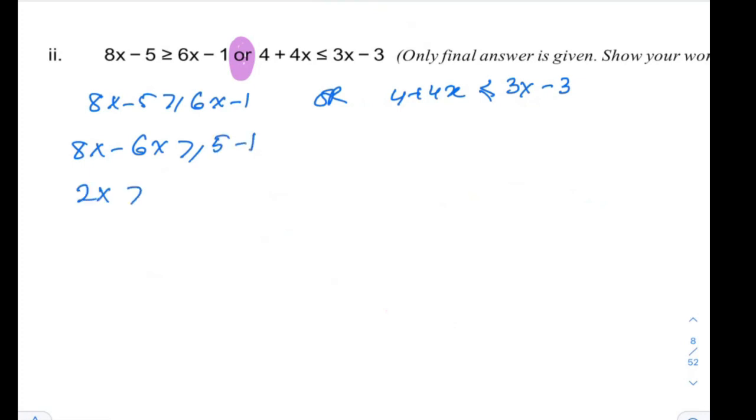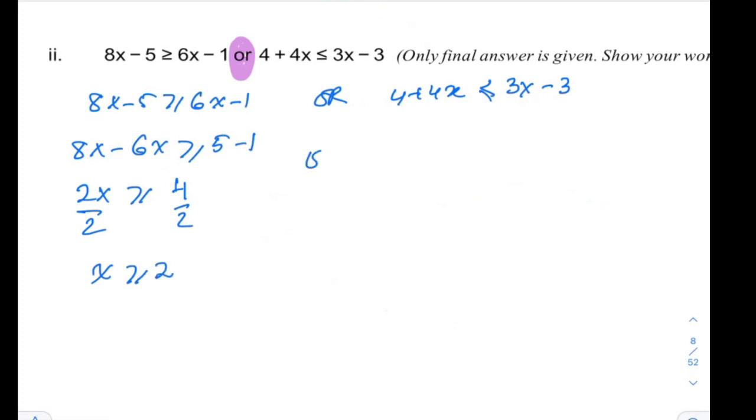So 2x more than or equal to 6, so x is more than or equal to 2.